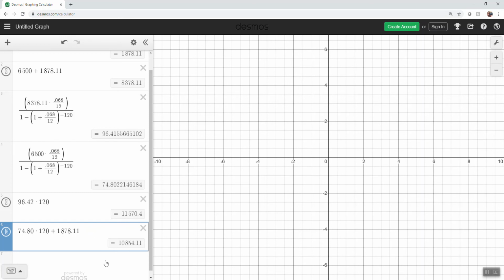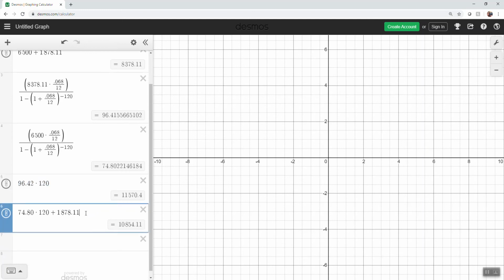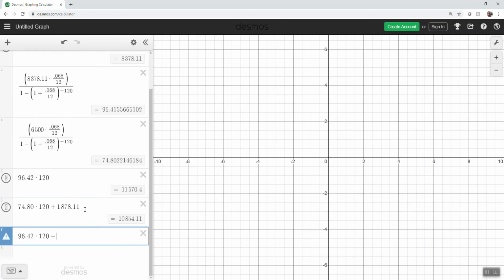So the amount we save by having a subsidized loan, and assuming we also had to pay the interest, ends up being the difference of these two numbers. So that is $716.29. Not a bad amount of savings just by having our interest paid for us. And it's even more if we were able to get the government to pay the interest for us.